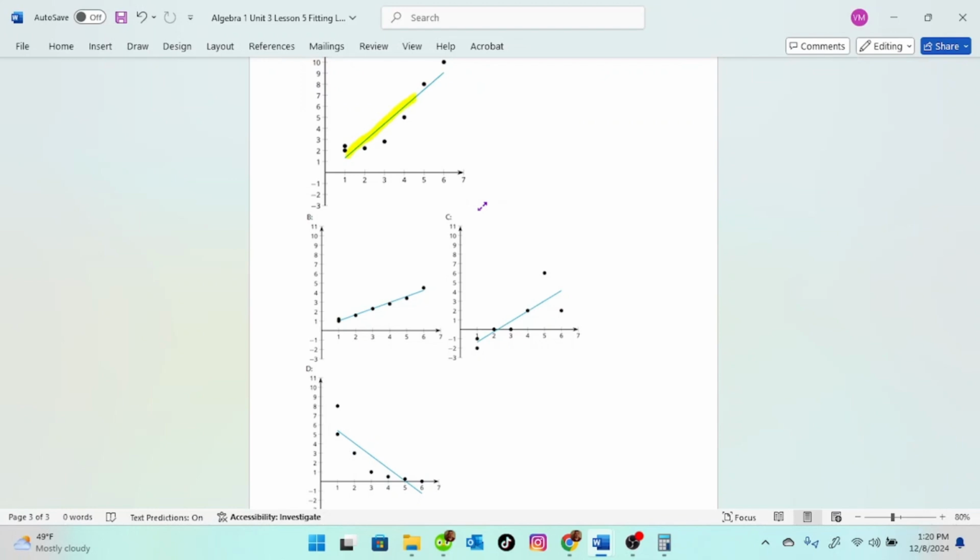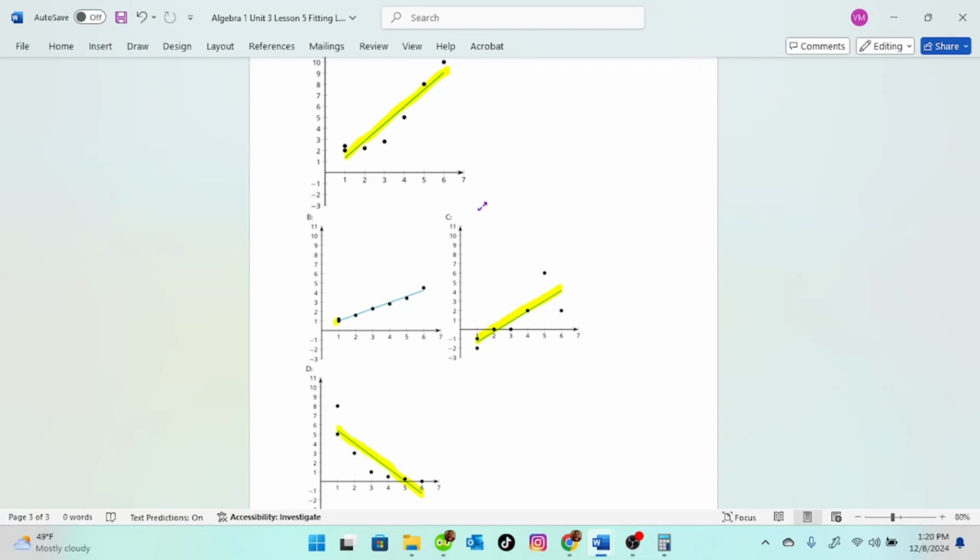So if I was looking here, I can highlight this line, and I've got points that are clearly outside that highlighter. Same thing on C. When I highlight this line, I've still got some points that are clearly outside that highlighter. And when I try it on D, I can clearly see I still have some points outside of that highlighter.